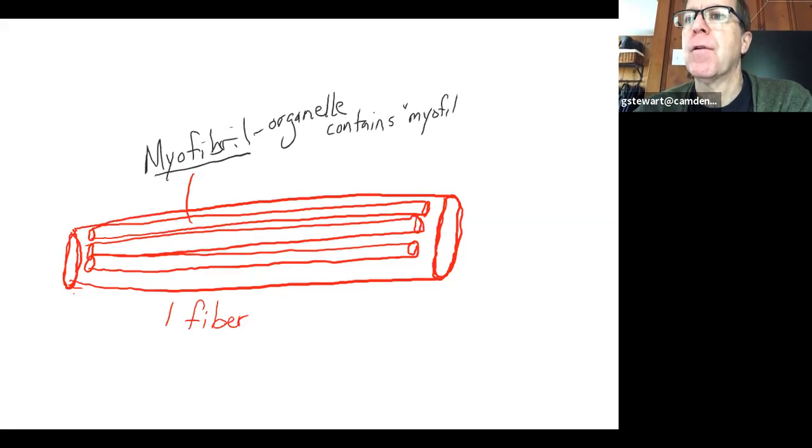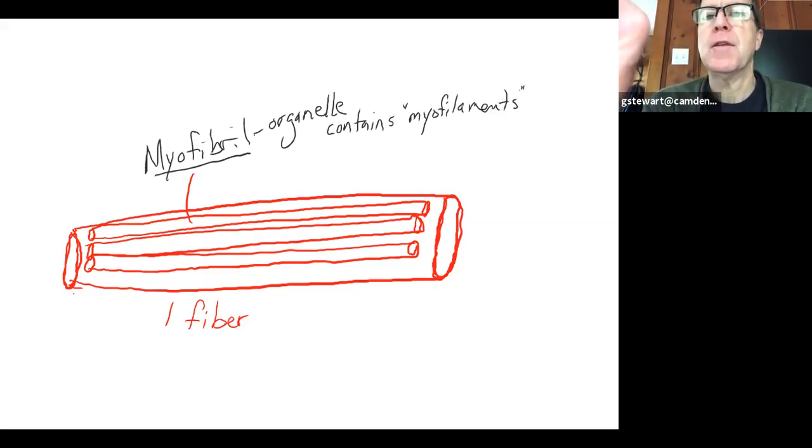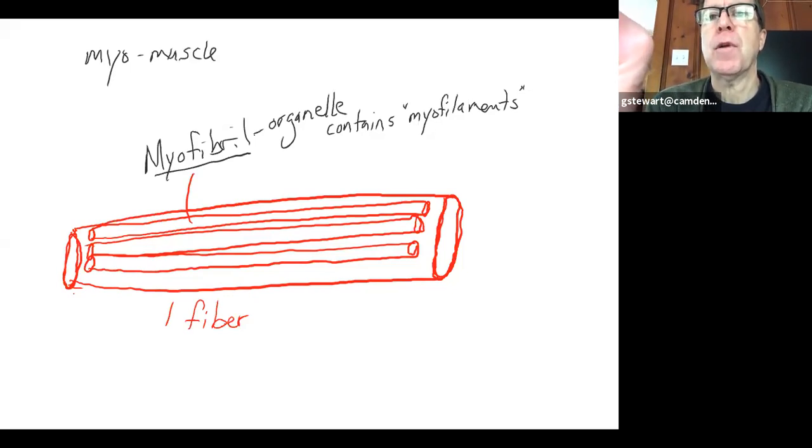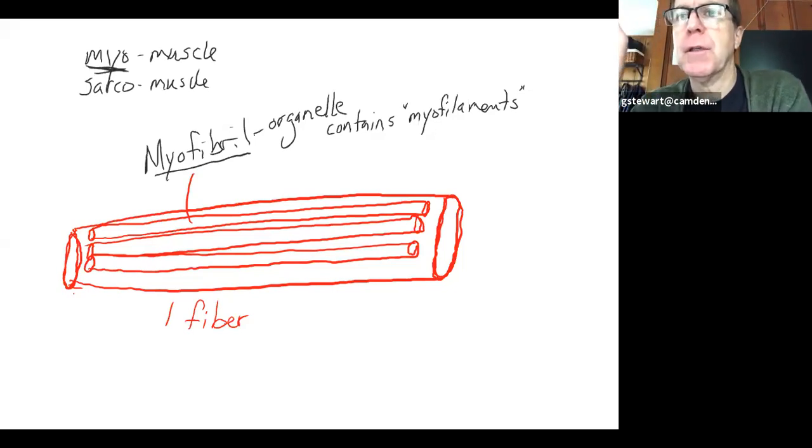Before we go any further, this prefix, myo, just means muscle, okay? That's its definition. Also, this prefix, sarco, we use that when we talk about muscle as well. So whenever you see this, myo, just think we're talking about muscle.